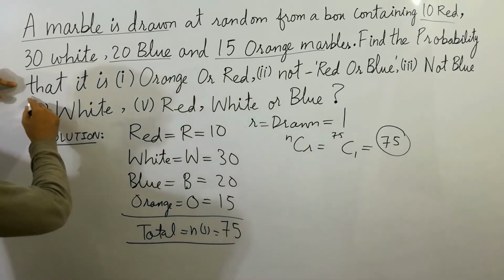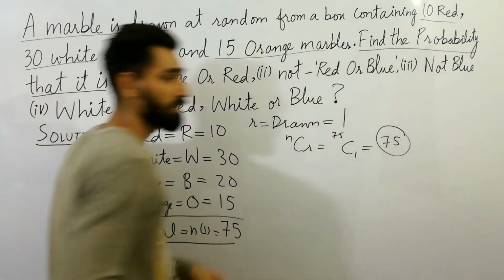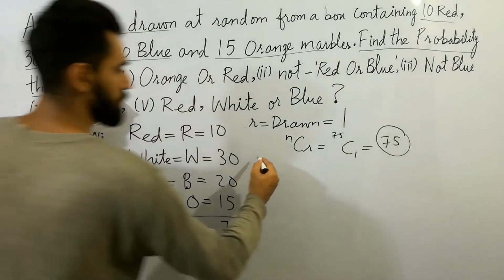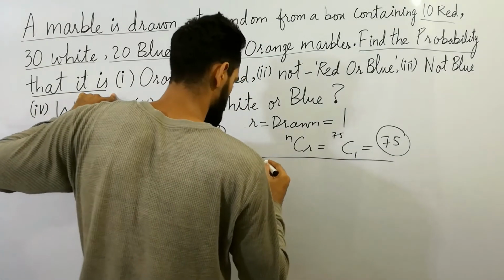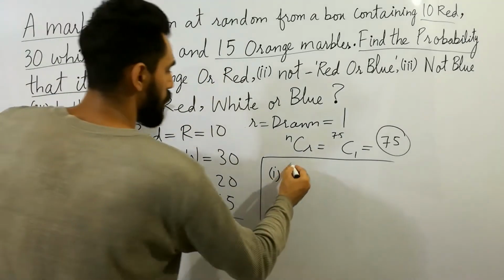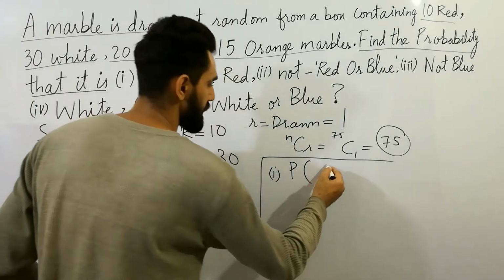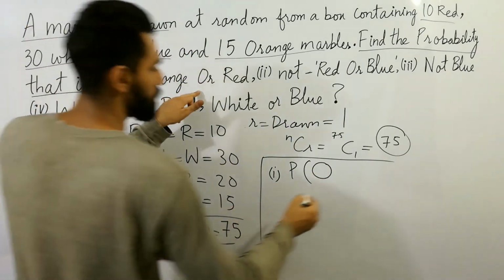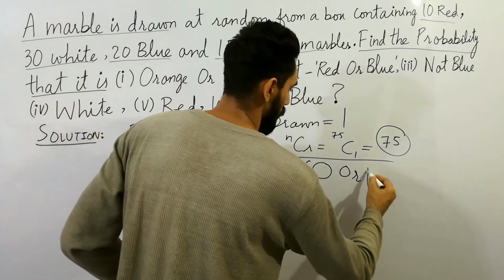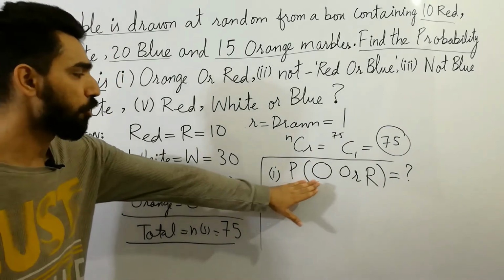The next step is to find the probabilities. This is the main point. First, find the probability of orange or red.